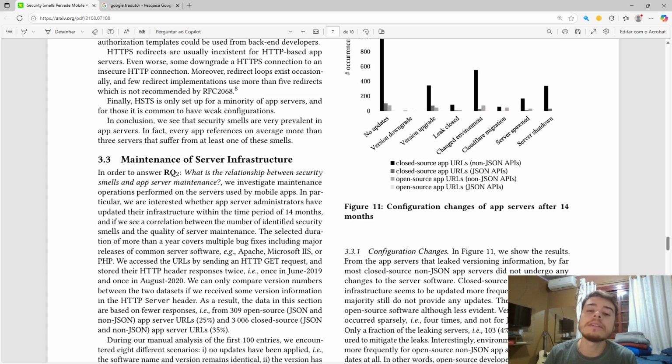This is something interesting, because you need to understand why security smells are in the applications, if the team can't or doesn't have time to make updates, or if it's something that is not prioritized by the team, like they just update features and don't care so much about security, for example.